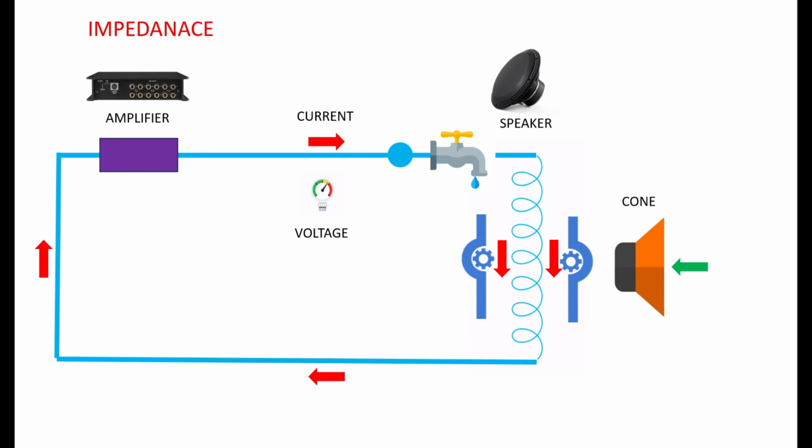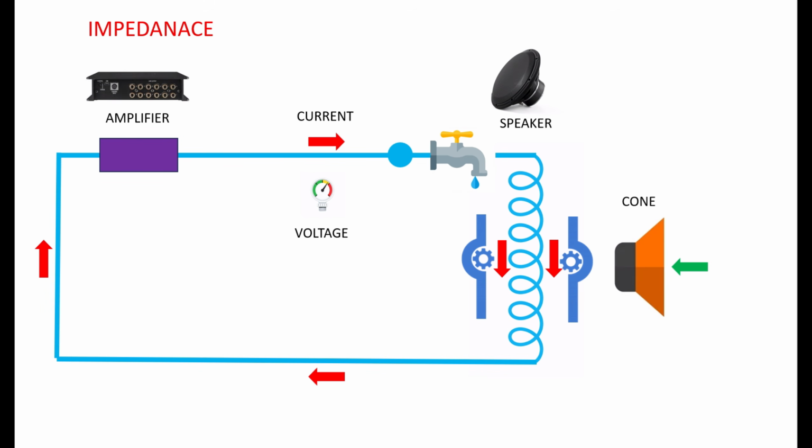But if the impedance is low, it makes it easier for the current to flow through the speaker voice coil, so you need less voltage to maintain the same current and the same volume level, right? So you can think about impedance like an adjustable valve that's constantly opening and closing, and the amount of that resistance or limit on current flow is constantly changing, right?